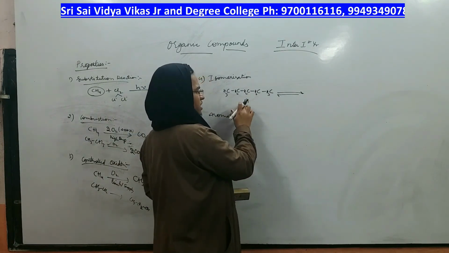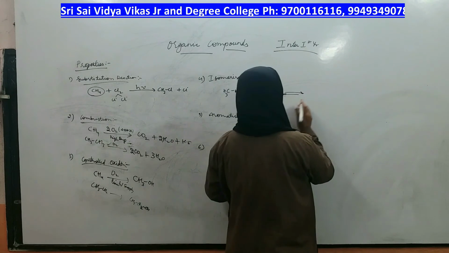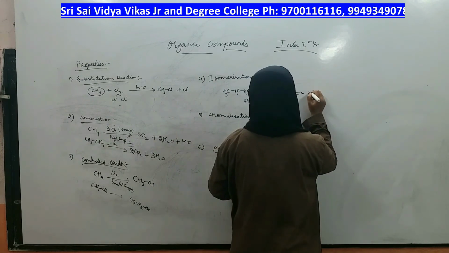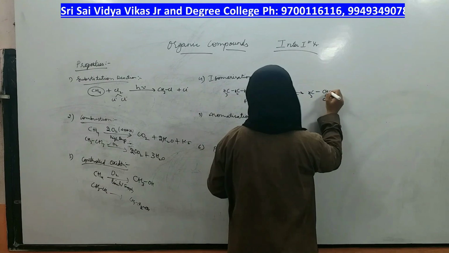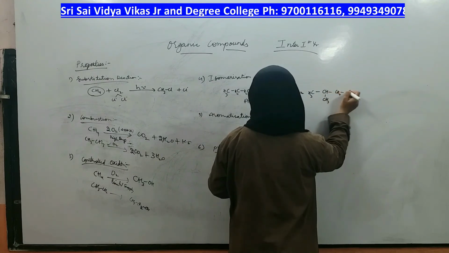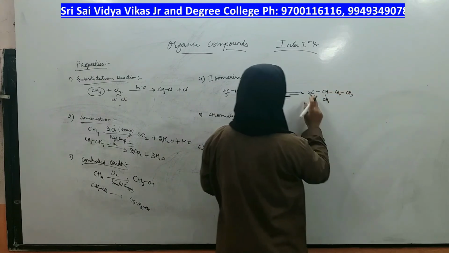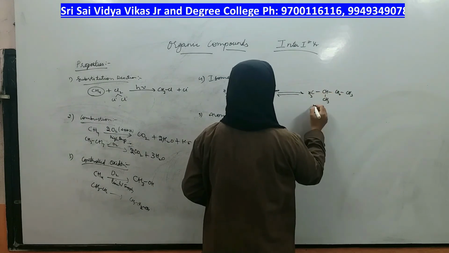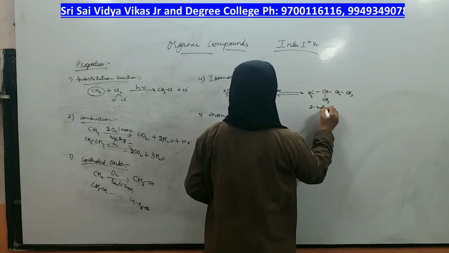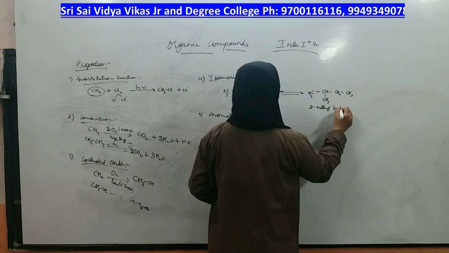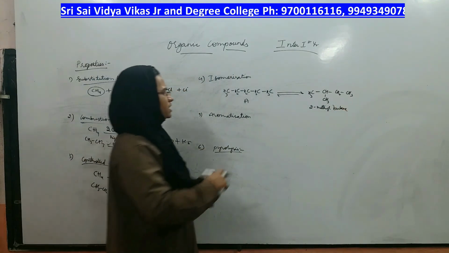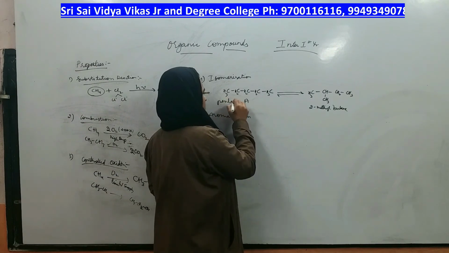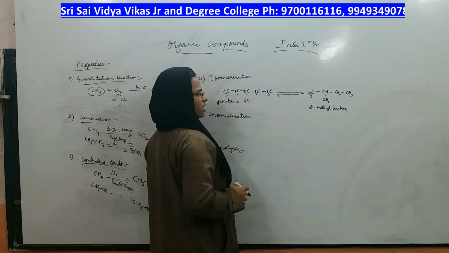If you are taking A and doing the isomerization, the product which you get is an isomer of the first compound. What is the name of this compound? 1, 2, 3, 4. 2-methylbutane, right? This is isomerization. I have taken pentane here, which gives its isomer called 2-methylbutane.